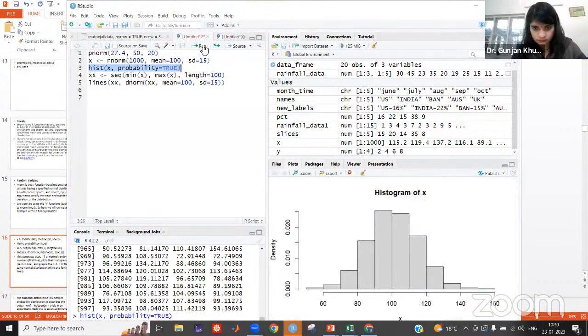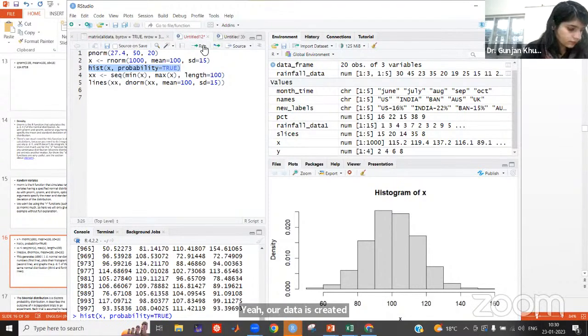So we have to run x. Yeah, our data is created. Yes, we were able to create the data.